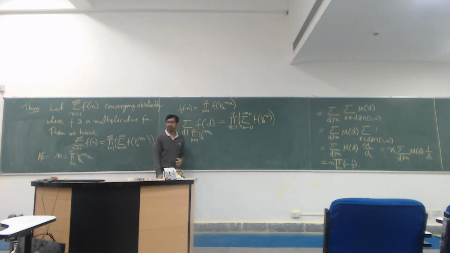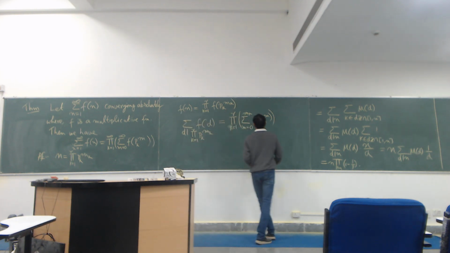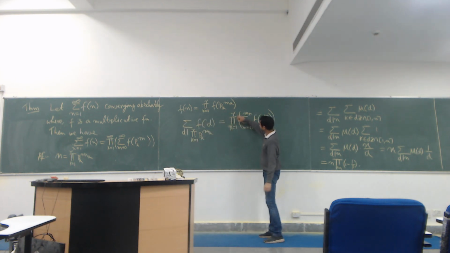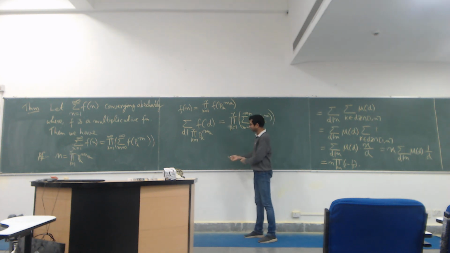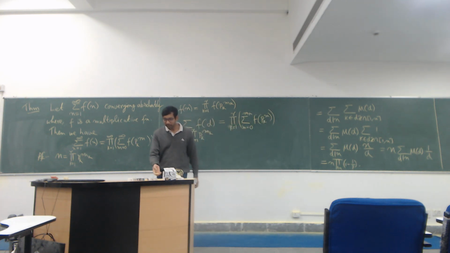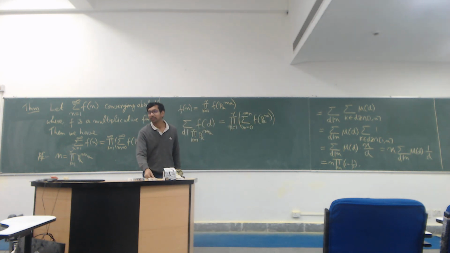On the right, at first you have an infinite product, you let r go to infinity, and then inside you have infinite sums. And we get the convergence of both sides by absolute convergence, because we are given that the series converges absolutely. So you are allowed to rearrange the sums and sum in whichever manner you would like.